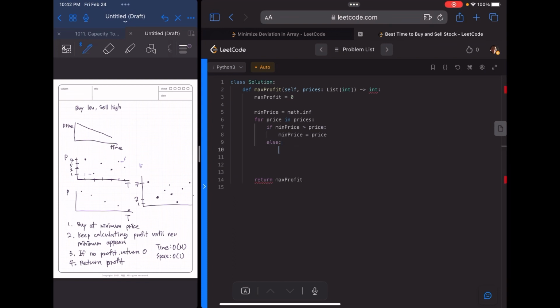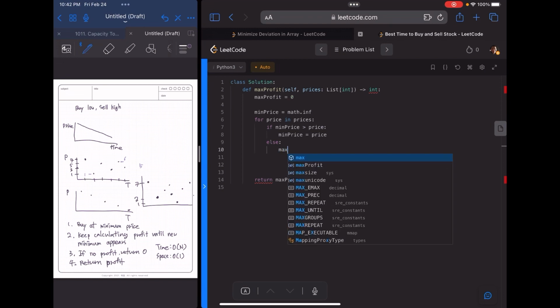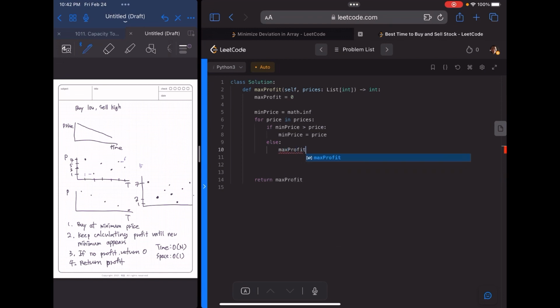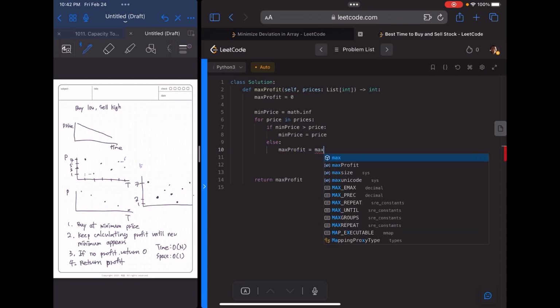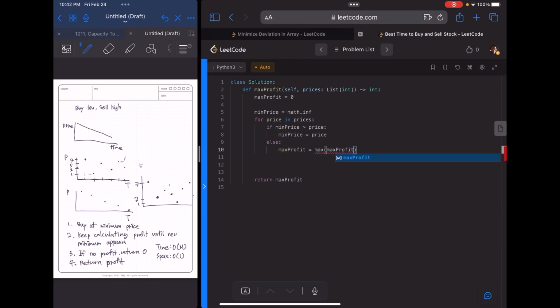Otherwise, we are going to calculate the profit by comparing max profit here with the price minus min price. So we only want to do this when we can actually have a profit.